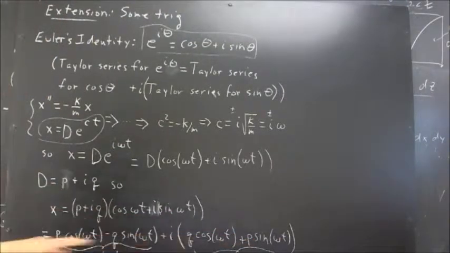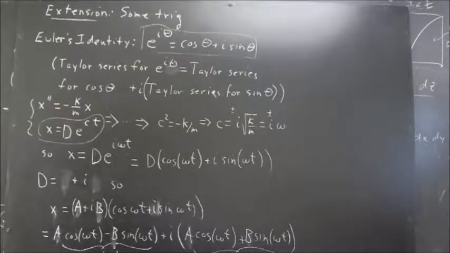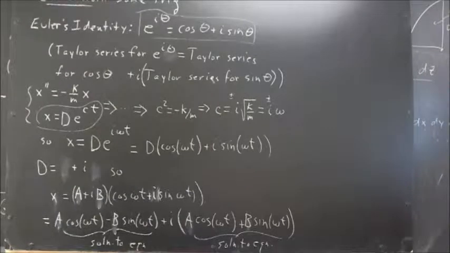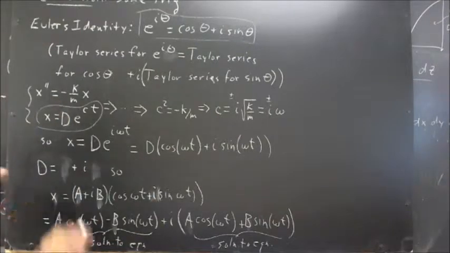Using either one of these as a solution, we get the general form of the solution. Instead of P and Q, I probably would have been better off using A and B, which is somewhat more familiar. So I'm going to digress a second and do that. Okay, that's a little messy. I was in a mindset where I didn't want to use A for the coefficient here because I knew it was going to come up later.